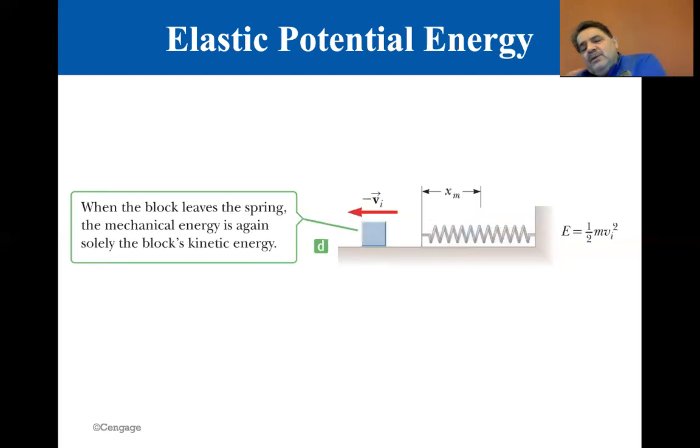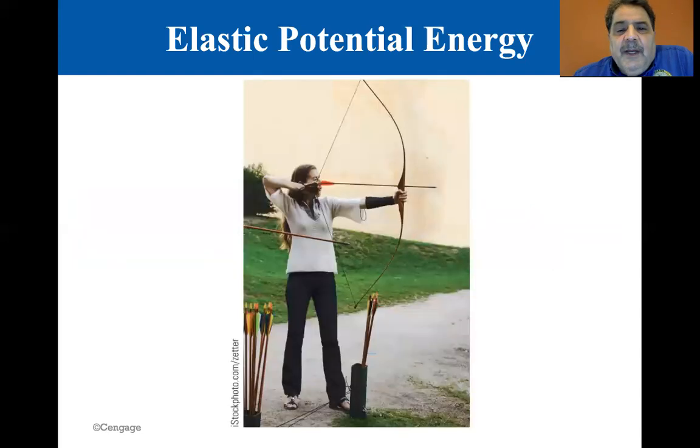Now the spring is going to uncompress, and when the block leaves the spring, the mechanical energy is again solely the block's kinetic energy. So we can see we've had a transfer of kinetic energy to spring potential energy. The spring potential energy then turns back into kinetic energy because the block is moving.